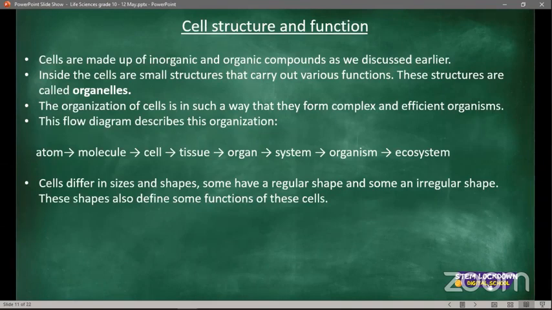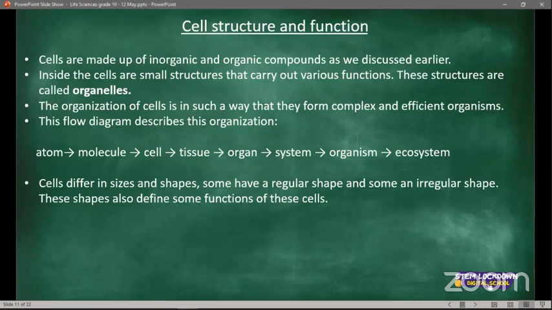Water is also an example of that, that's what we talked about. And organic compounds are your carbohydrates, vitamins, lipids, proteins, and enzymes, and others. So cells are made up of all of those inorganic and organic compounds.